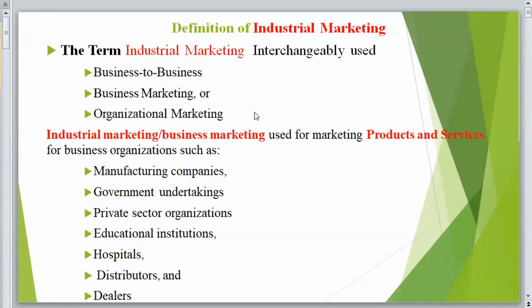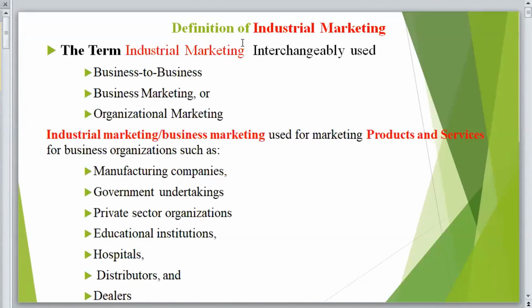So the definition of industrial marketing. This industrial marketing is used interchangeably with different terminologies. This terminology could be business to business, the transaction between business and other business organizations. Business marketing, as the name implies, or organizational marketing.